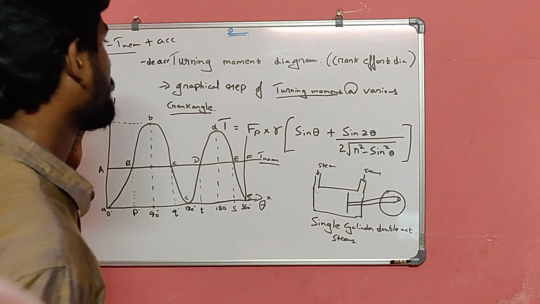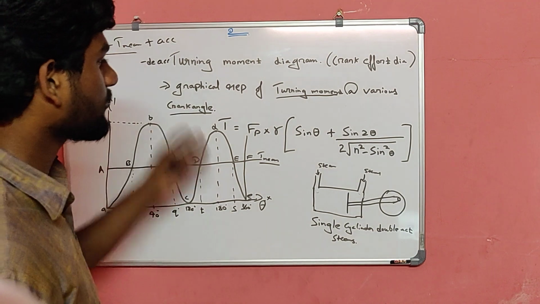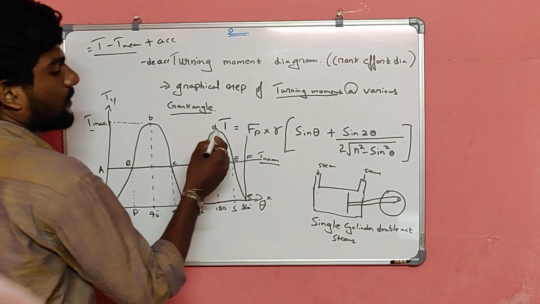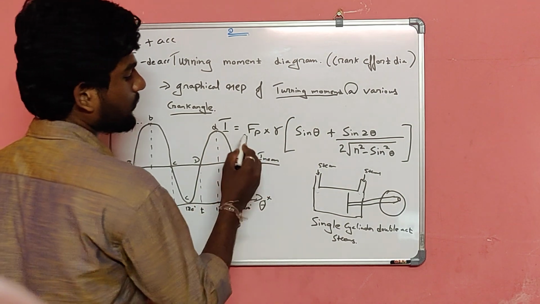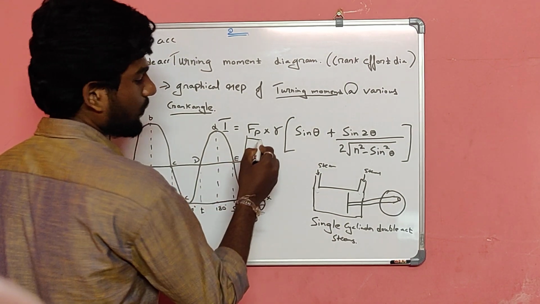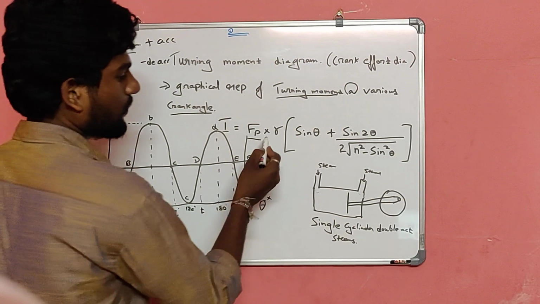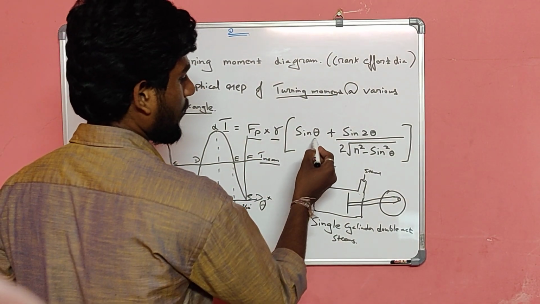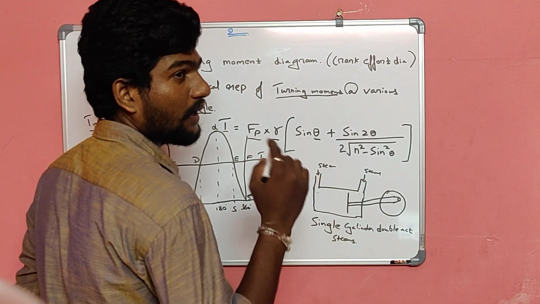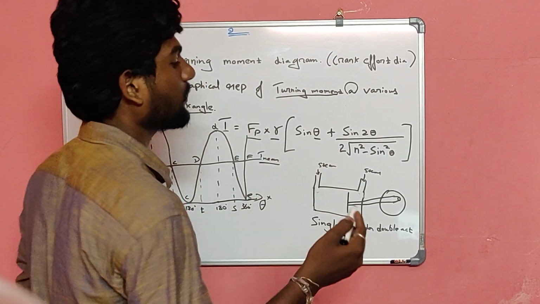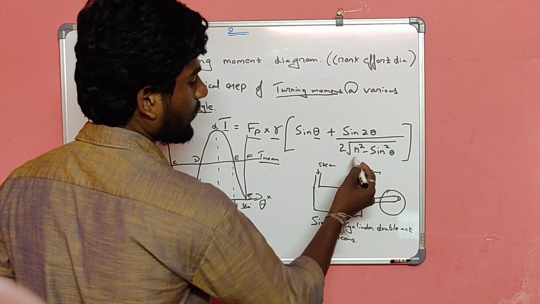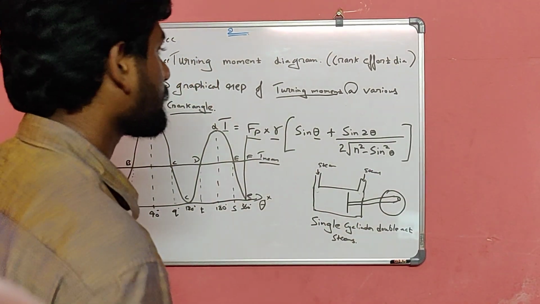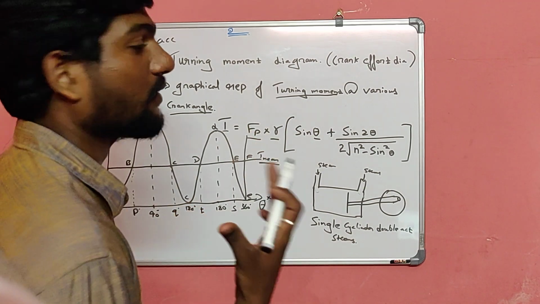From previous classes we have been taught that for a steam engine, the torque, the turning moment, is the force exerted by the piston times the radius of the crank, where theta is the crank angle from inner dead center, and n is the ratio of connecting rod length to crank radius.